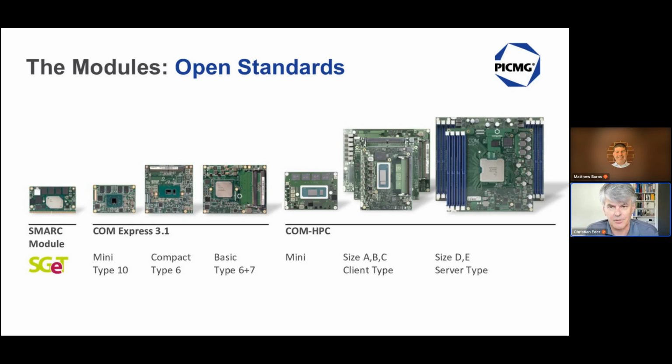You see just from the amount of real estate, from the size, it's a different performance class. We'll talk about this, of course, in detail. And from the low-end side, the SMARC module, it's also a standard, which is not PICMIC, but open standards are everywhere. And SMARC, COM-Express, and COM-HPC, I believe those are the most important ones.